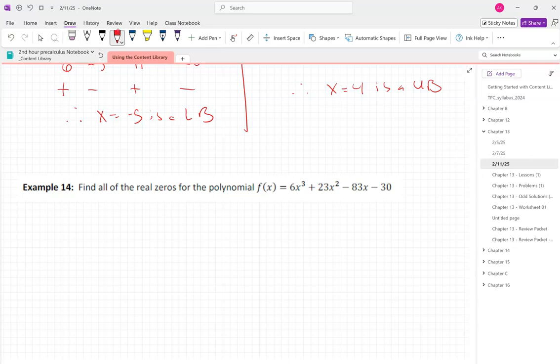So we're going to start by finding the possible rational zeros. That's going to be the factors of 30 divided by the factors of 6.